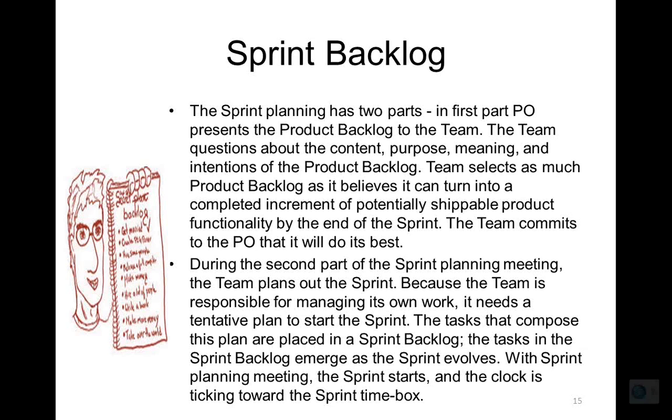In the first part, as I said earlier, it looks at the prioritized list of the product backlog stories and commits to the stories that they would be delivering. Now this commitment incidentally is for something which is shippable, which is complete in itself, which can be delivered to the customer. Not something which has been developed but requires further testing, integration and things like that.